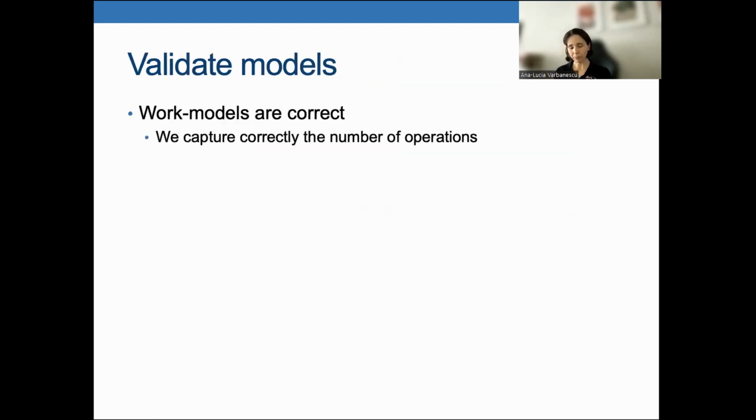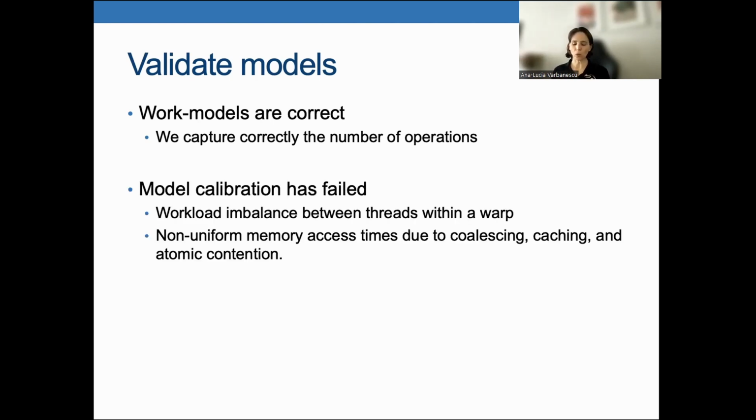Of course, that turned out to be a lot more complicated than anticipated. On the one hand, the good news was the work models were correct. These models were able to capture fairly accurately the amount of operations that were executed. So we could predict, with very good accuracy, how many reads, how many writes, how many atomic operations were executed, which was really good news. But it turned out that the actual calibration was much harder than anticipated.